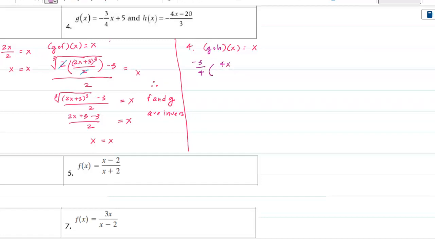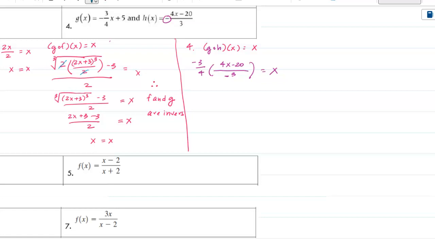Be careful. Be very careful where you put that negative sign. Minus 20 over 3. I'm going to tag it along on the negative sign right here. I'm going to put it down on the negative 3. Because if I put it in the numerator, I have to distribute. I don't feel like distributing. And the denominator only has one term.